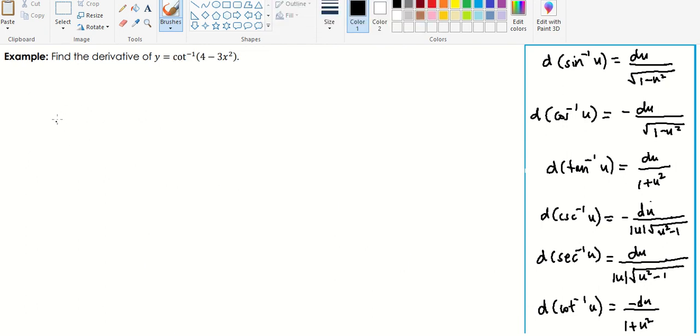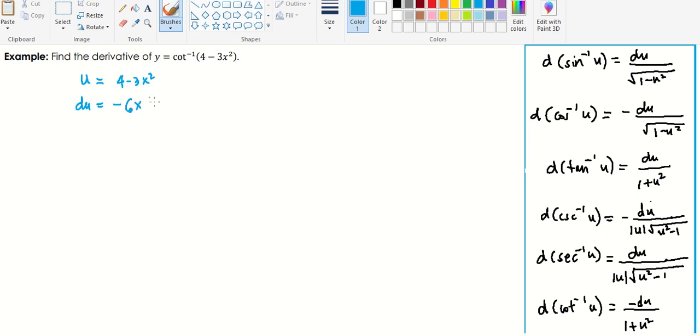Alright, for the last example, so we have y equals arc cotangent 4 minus 3x squared. Okay, again, let's have to determine our u. So our u is 4 minus 3x squared. And our du is equal to, so 0 na ito. So we have negative 3 times 2, that is 6 and then x na lang.